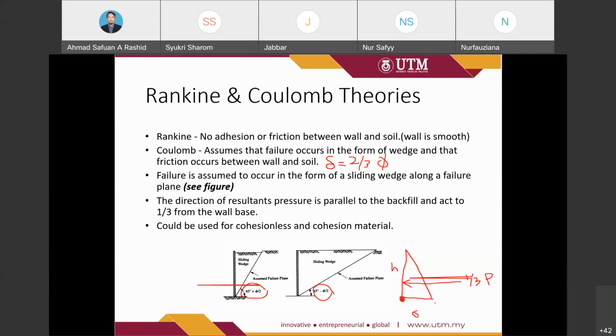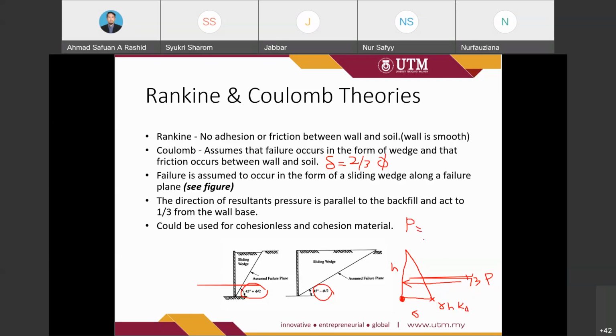To gain the pressure at this level, the unit weight of the soil times the H, and then we may convert to the lateral pressure. Then we multiply with the Kp, or Ka, for example.